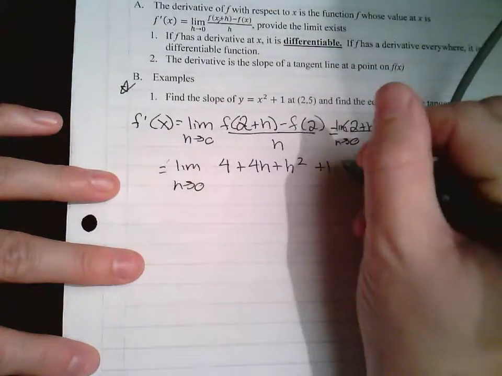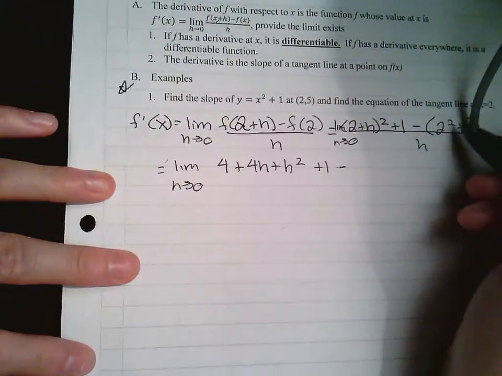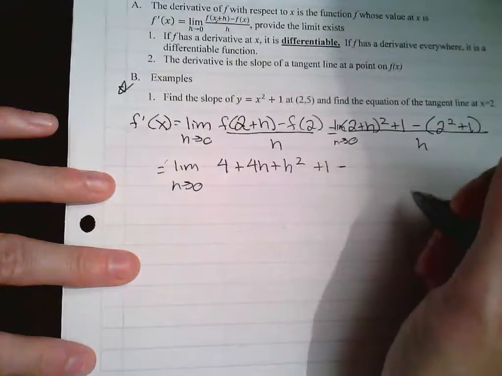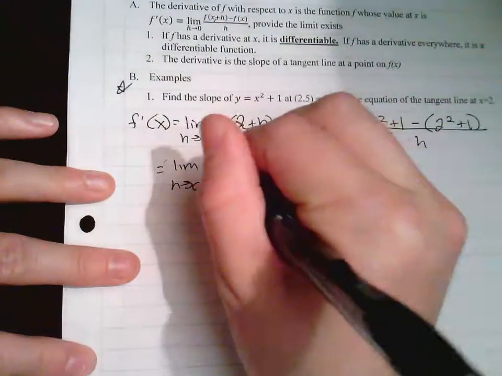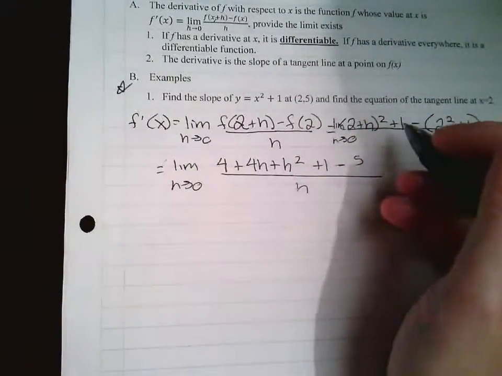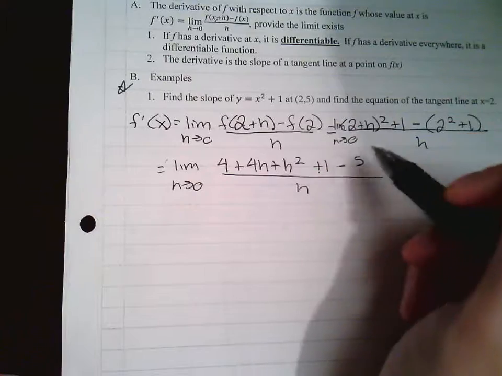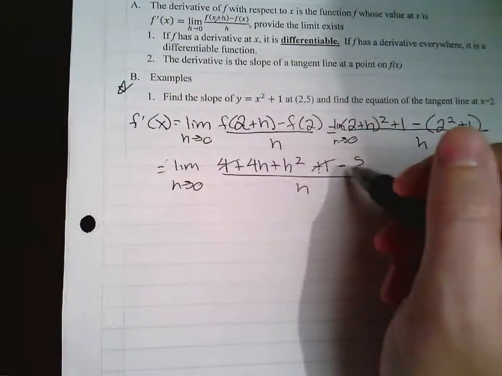minus 4 plus 1, which is 5. This is the part where things cancel. 4 plus 1 is 5, minus 5 is 0, so you're left with 4h plus h squared.